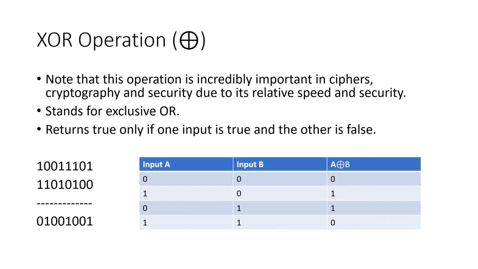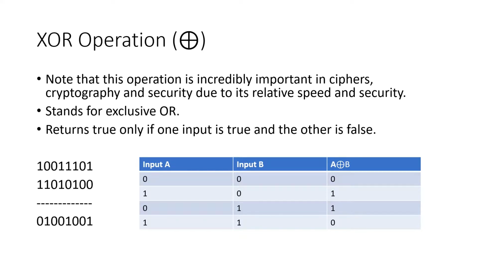The XOR operation is really what we need to talk about here today. It's represented by that little plus in a circle, and you will see this a lot in cryptographic applications and mathematical write-ups of such applications. The truth table here is not as useful as the binary mathematics on the left.